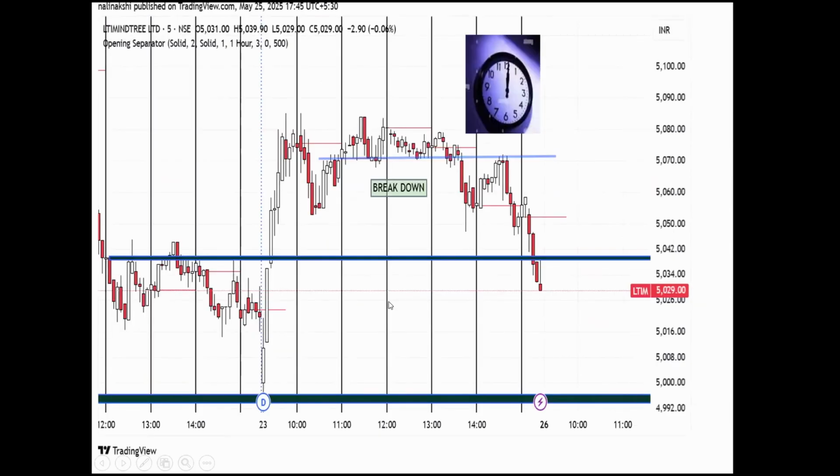Next, this is an example of the market showing price breaking down below the 12 p.m. level. The price had gone sideways after the explosive move from the previous day. Here is an example of LTI Mindtree. Price went sideways throughout the day, finally after 12 p.m. you can see clearly, over here, price breaking down.